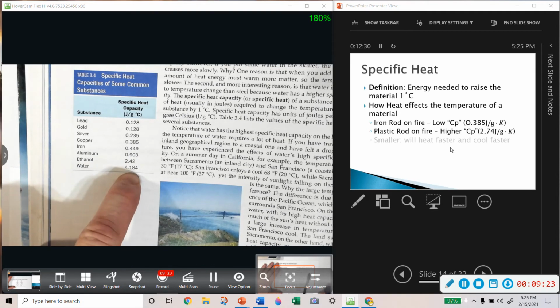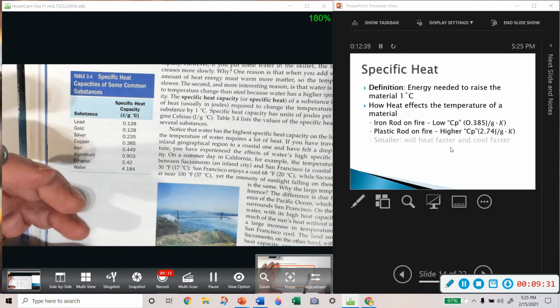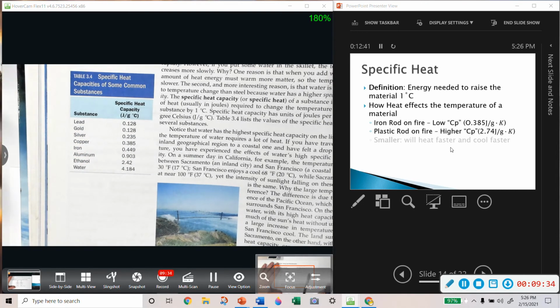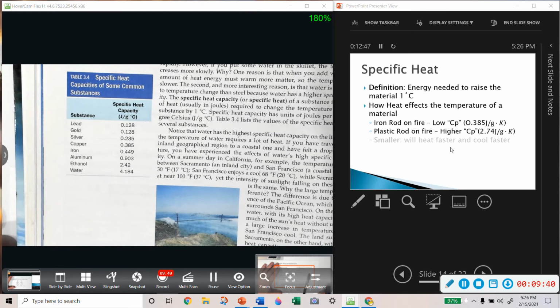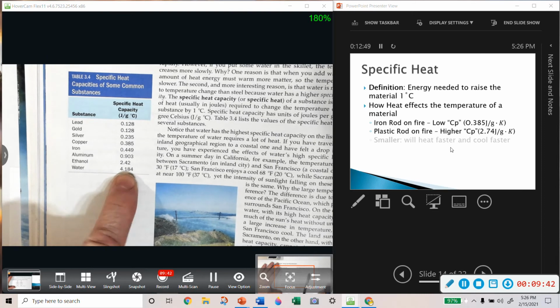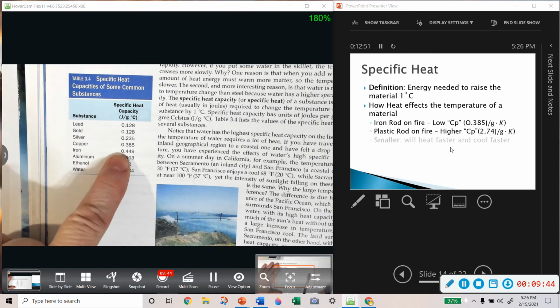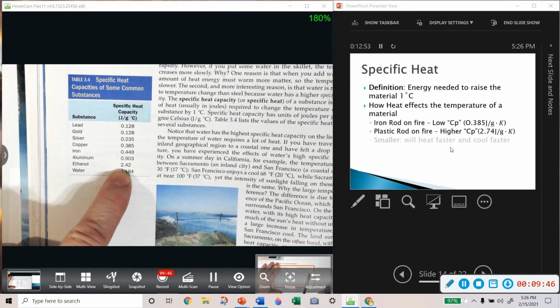Water has a very high number, 4.184, and so it goes up very slowly. That's why a lake or an ocean, even though it's out in the sun all summer, barely gets warm. But then it stays warm late into the winter because it holds that heat for a long time. So a specific heat is a number rating that tells you how well something holds the energy.